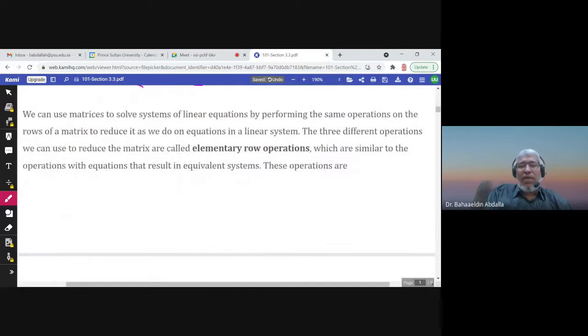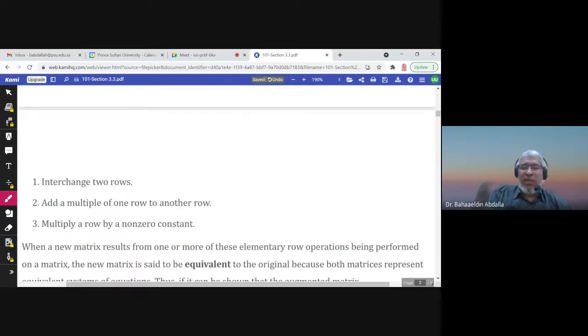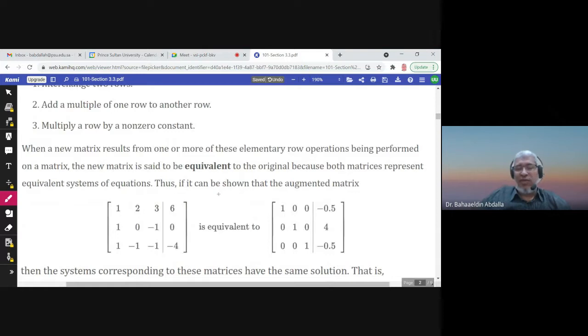Now we can use matrices to solve systems of linear equations by performing some operations called elementary row operations. So elementary row operations, we use them to change matrices to equivalent matrices, or systems to equivalent systems.